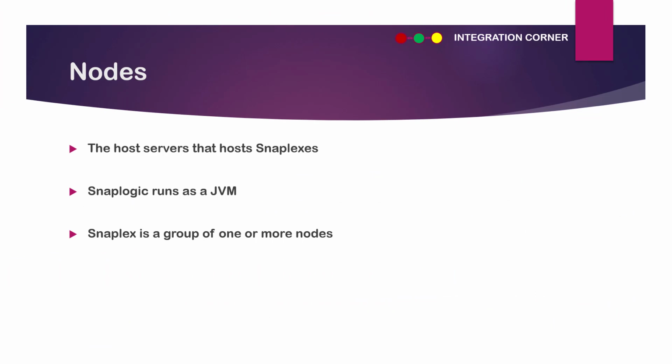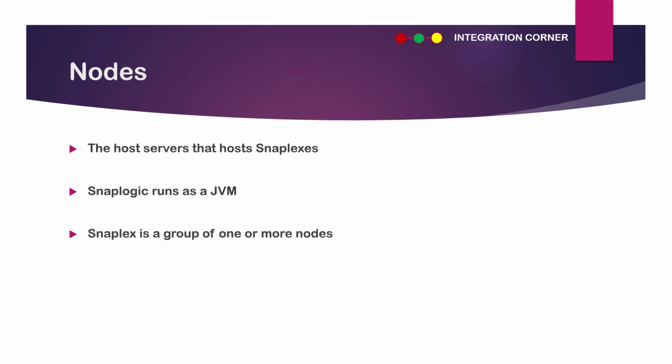Nodes are the unit of scalability in a Snaplex. There can be multiple nodes in a Snaplex. Basically SnapLogic runs as a JVM, so each node is one JVM, and a Snaplex is a group of one or more nodes. Depending on your load requirements, you can scale your runtime by bringing more nodes into a Snaplex.